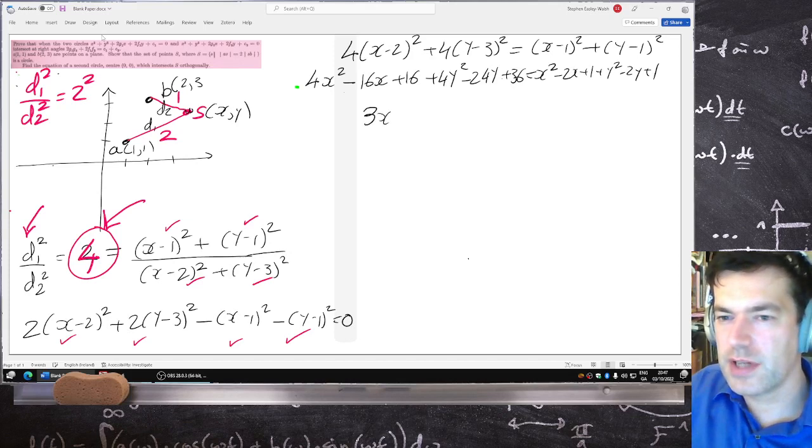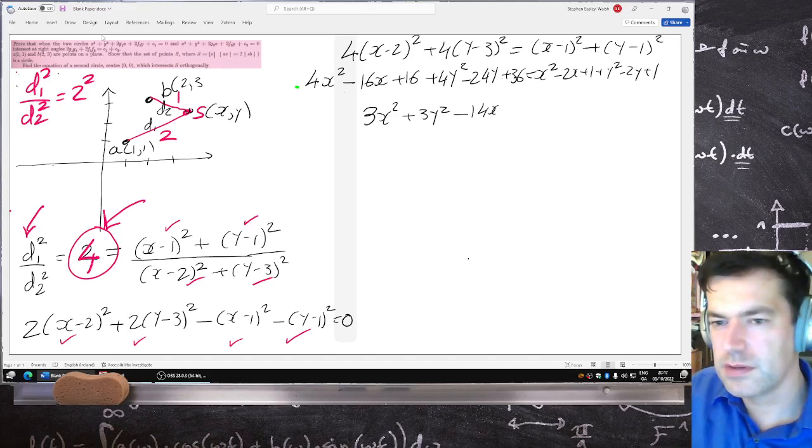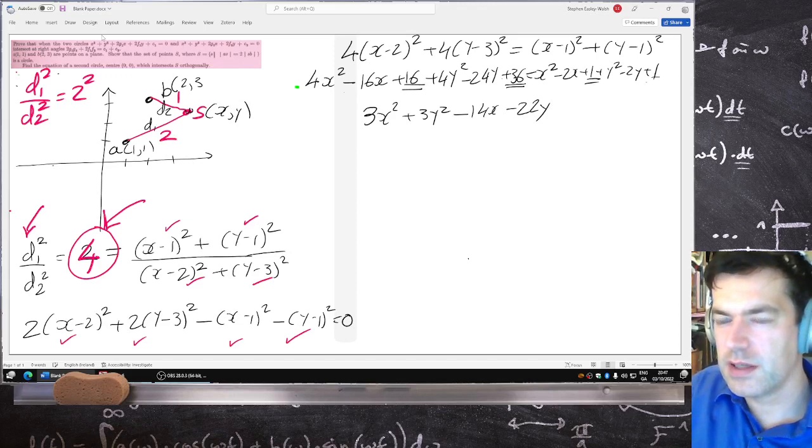In total, that's 3x squared plus 3y squared, minus 16 plus 2 is minus 14x, plus minus 24 plus 2 is minus 22y, and then we have 36 and 16 and 1 and 1, so the ones can cancel here, so that would be 35 and 15, which makes 50.